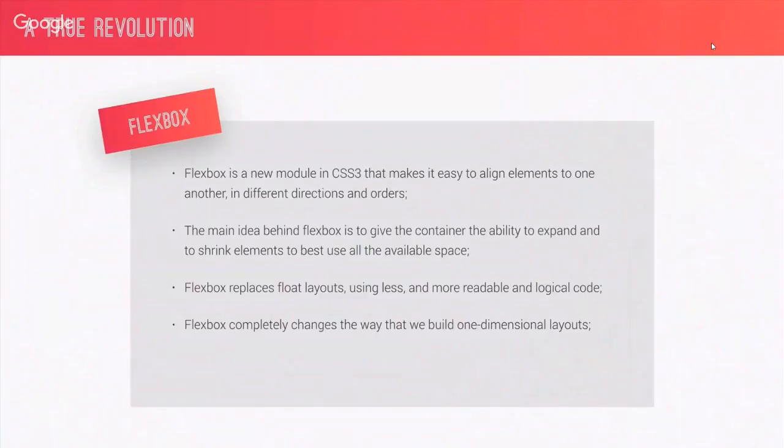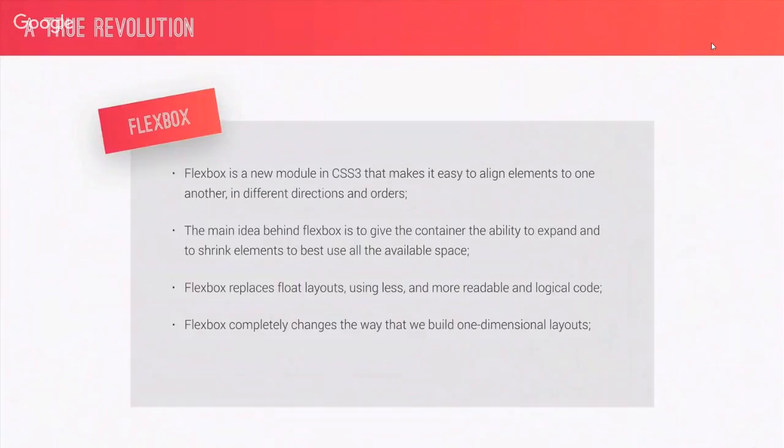There was CSS1, CSS2, and now it's CSS3. And what a module is, that's essentially the building blocks that a programming language is made of. So you have modules like CSS Grid, Flexbox, and all the others that are combined together to make the CSS language.